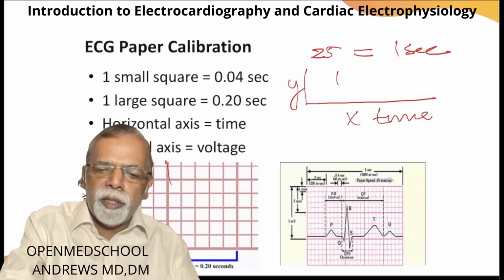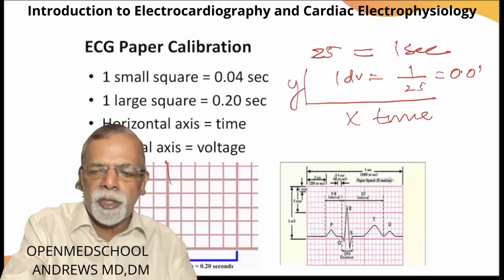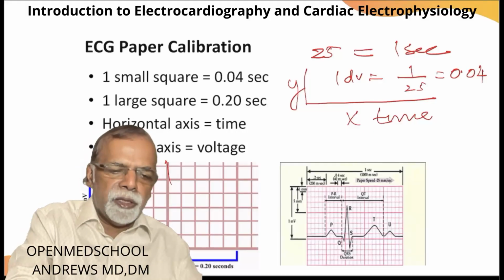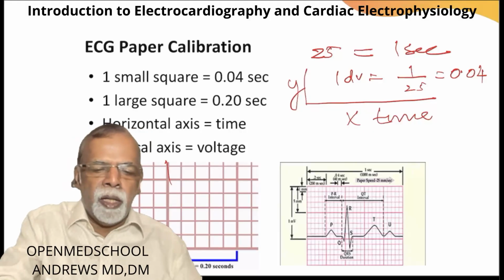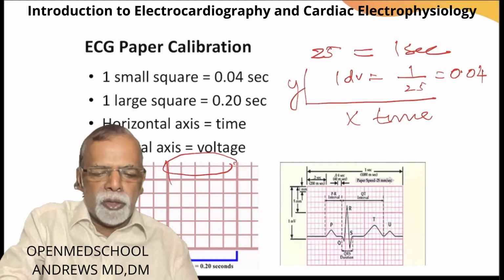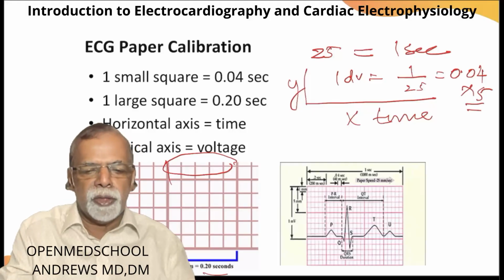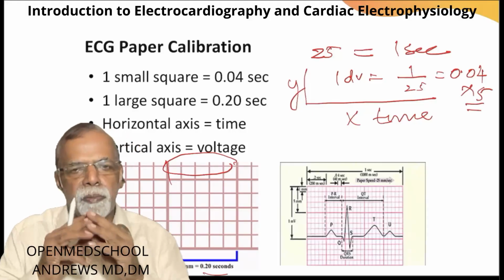So 1 division is equal to 1 by 25, which is 0.04 seconds. 5 divisions will be 0.2 seconds, that is 0.04 into 5. So this is the minimum thing to remember.